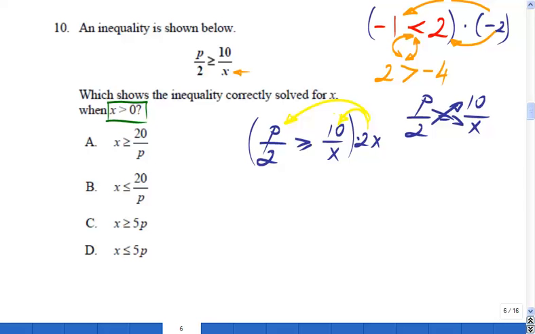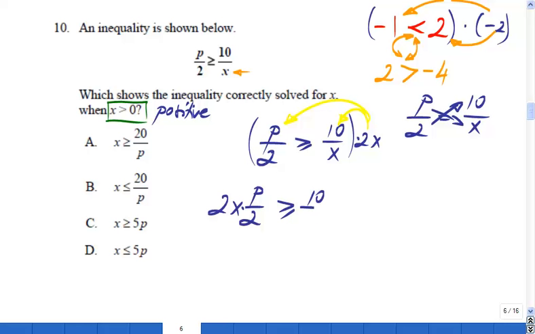You take this 2x, you multiply that side, you multiply this one. And you have 2x times p over 2. The sign doesn't change because I multiply by a positive number. We said x is positive, right?